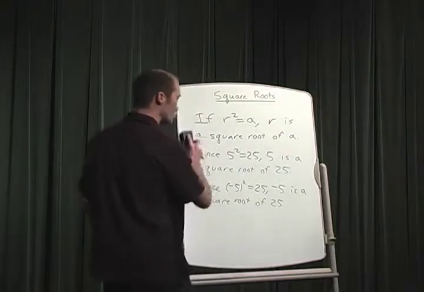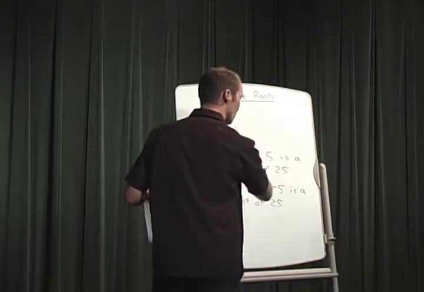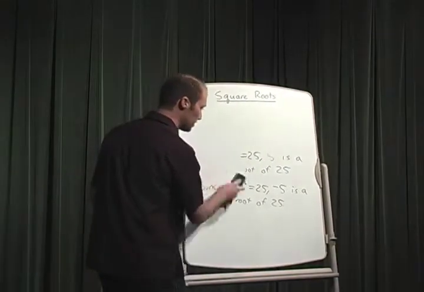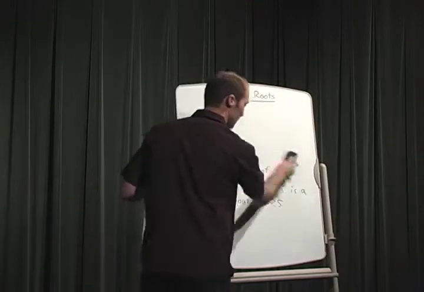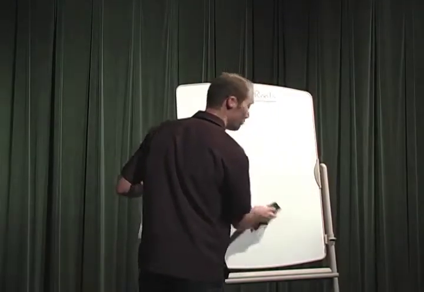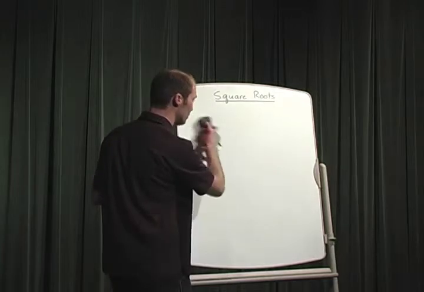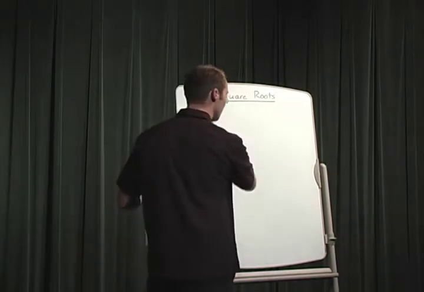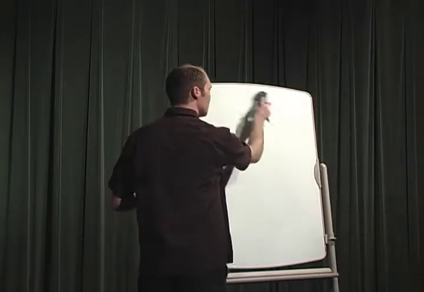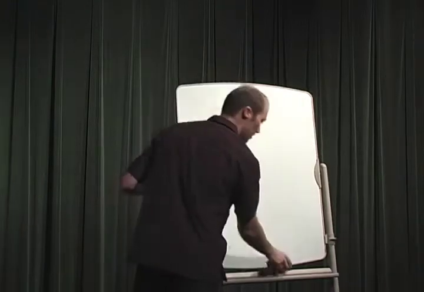I want to set up a chart, and in my chart, on the left-hand side, I'm going to list a few numbers, and on the right-hand side, I'm going to list both of the square roots of those numbers. Before I actually write it down, see if you could come up with the numbers before I do.